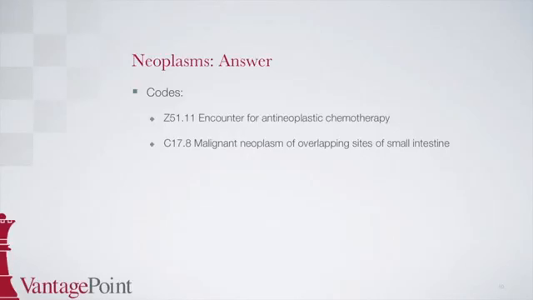Our second code is C17.8, malignant neoplasm of overlapping sites of small intestine. Remember that since we have the histologic term, carcinoma, I first went to the alphabetic index and looked up carcinoma, and then went to intestinal type, and then to the indented words. Specified site next to these words is the following instruction: see neoplasm malignant by site.